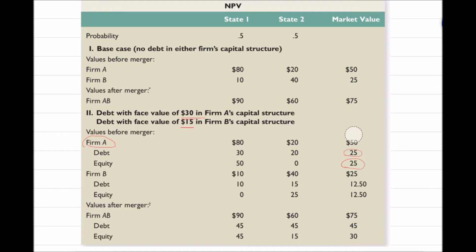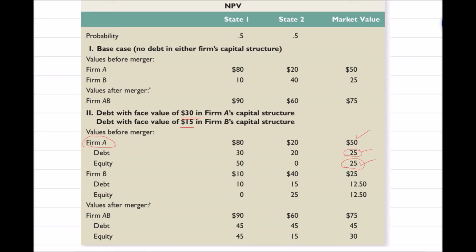Now see this situation. The total value of firm A is 50, from which 50% belongs to lenders and 50% belongs to the equity holders. Now see the firm B. Similarly, firm B has total value of 25.